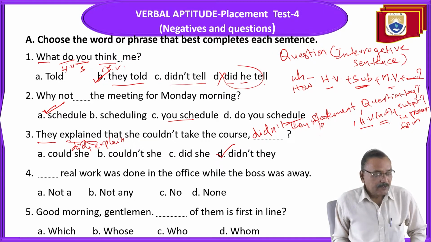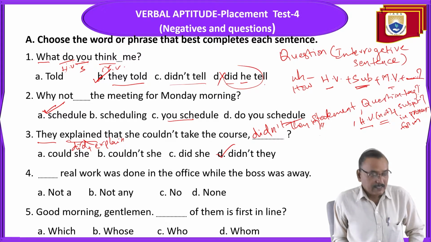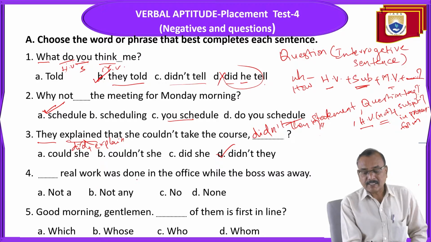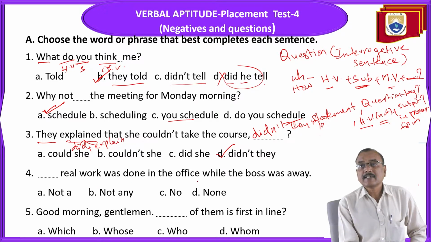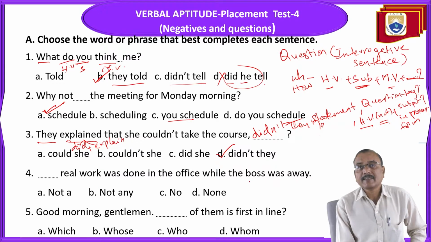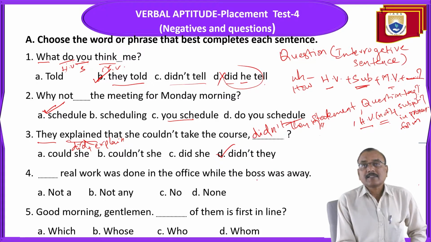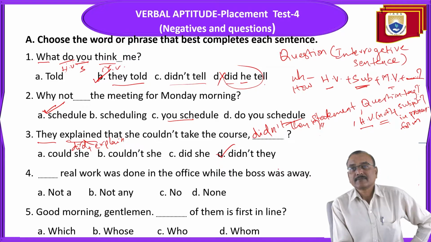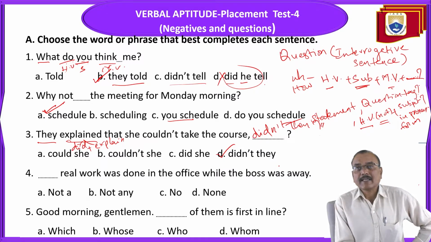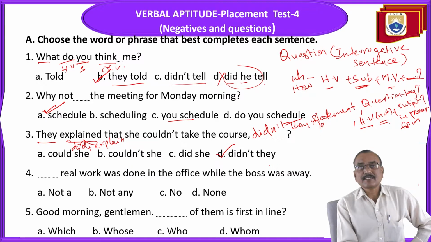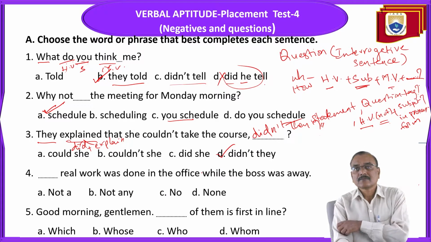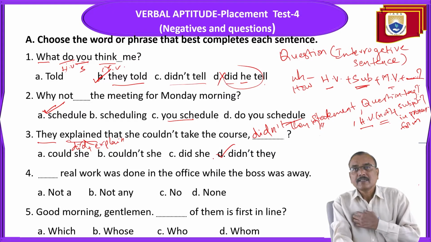Next one, fourth one. See the fourth one. Dash real work was done in the office while the boss was away. So in negative sentences, we can use any. In questions also we can use any.